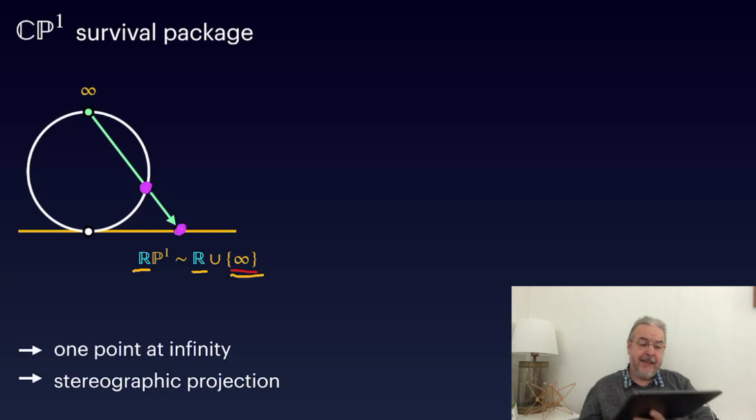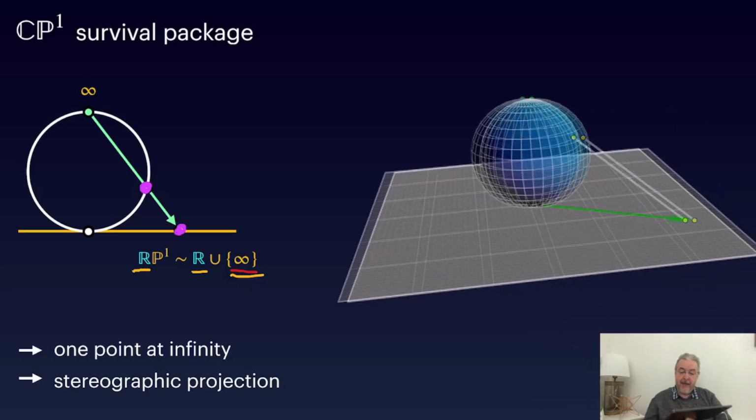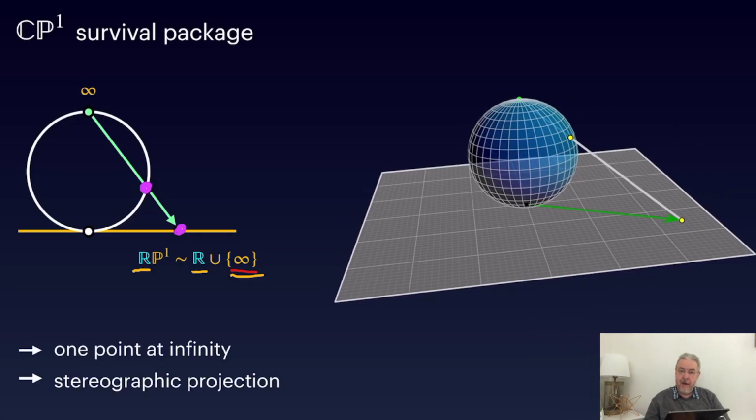Now something very similar to that happens in the complex space. And here I've drawn a picture of stereographic projection for the complex line. And for that, the role of our real line here is now played by the plane of all complex numbers.